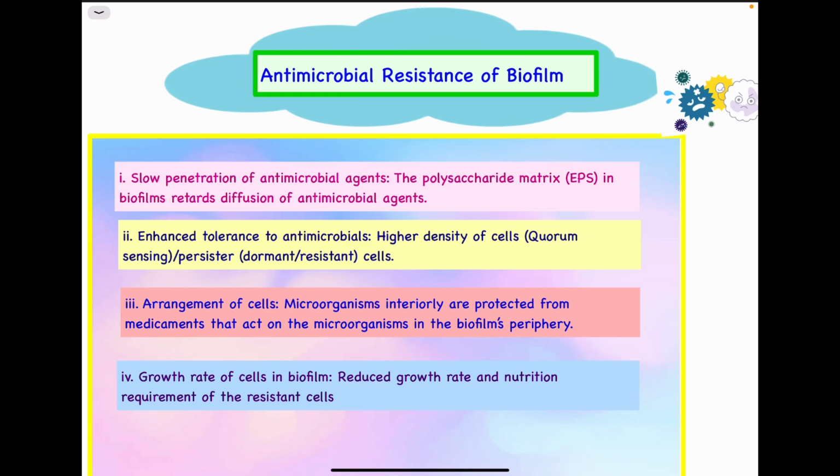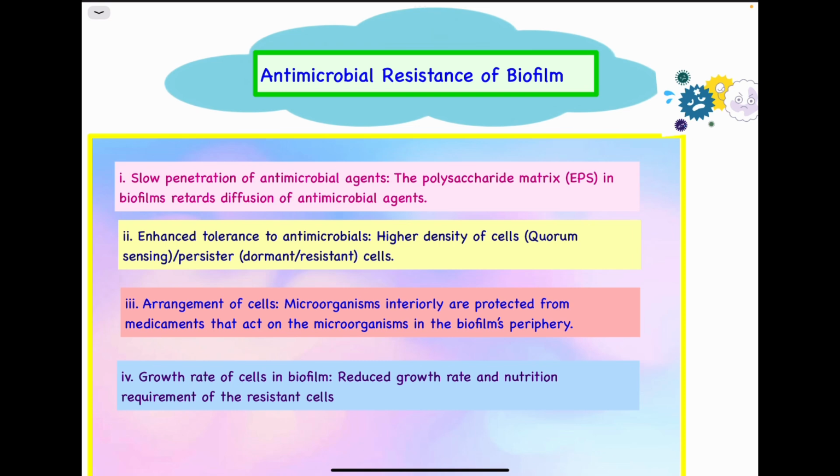Moving on towards antimicrobial resistance of the biofilm. How is this antimicrobial resistance possible within a biofilm? The first one is a slow penetration of antimicrobial agents. The EPS, the extracellular polysaccharide structure in the biofilm, retards the diffusion of the antimicrobial agent. It's like a very protective covering around the bacterial colonies, and therefore the diffusion of antimicrobial agents is greatly reduced.